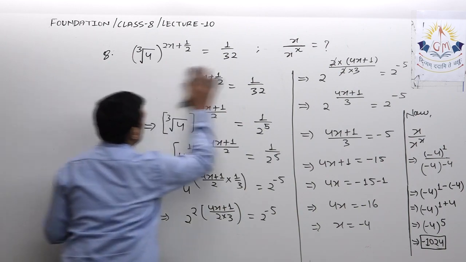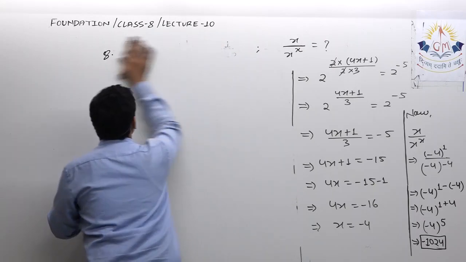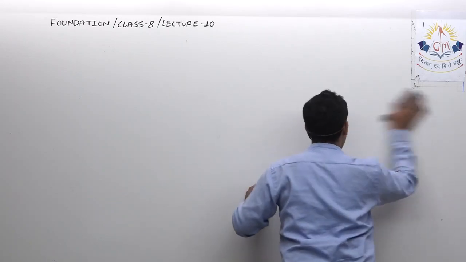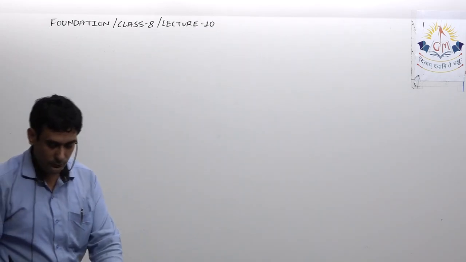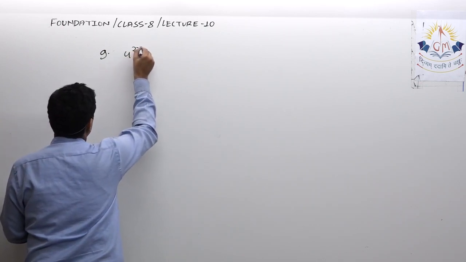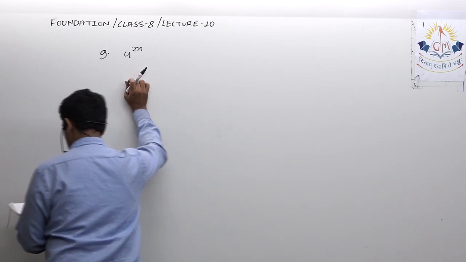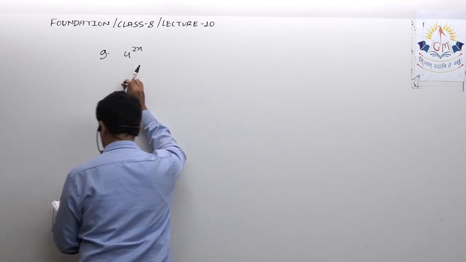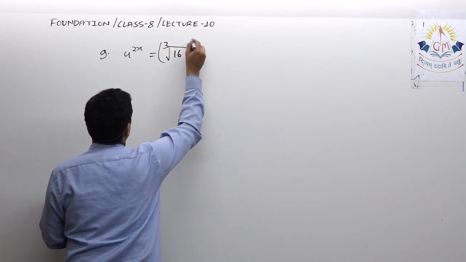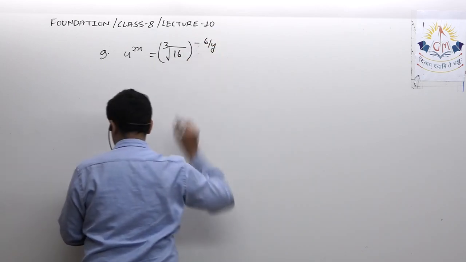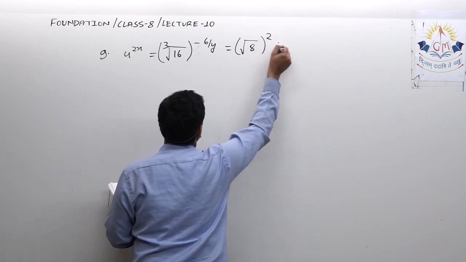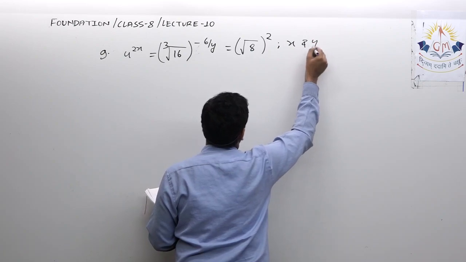Okay, now we'll see the next question. Question number 9. 4 raised to 2x is equal to cube root of 16 raised to minus 6 upon y is equal to square root of 8, then find the value of x and y.